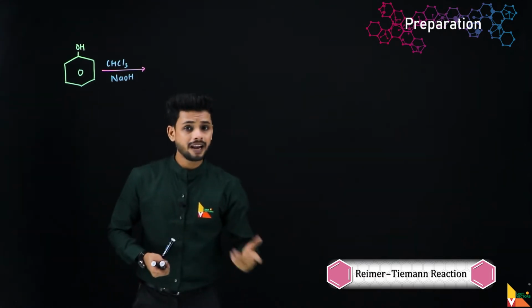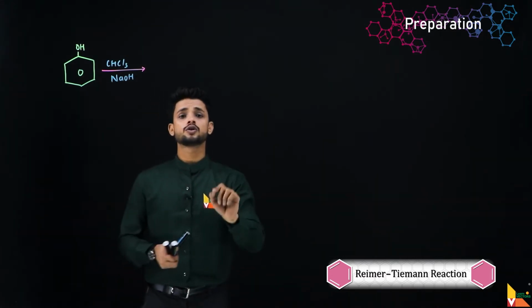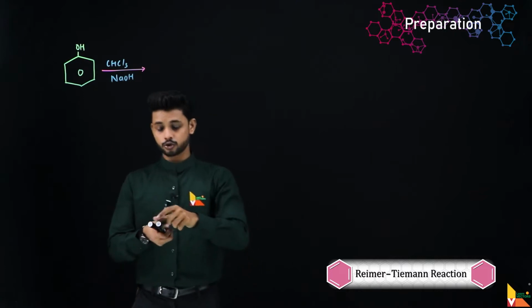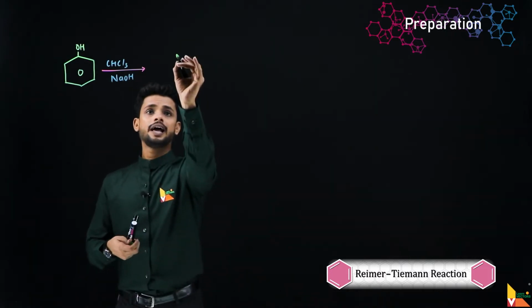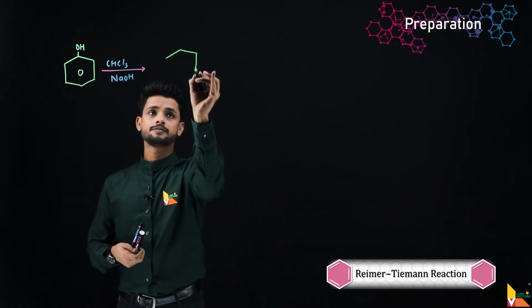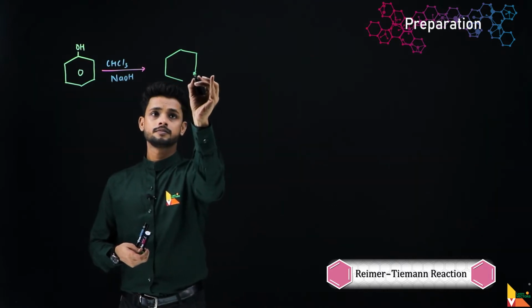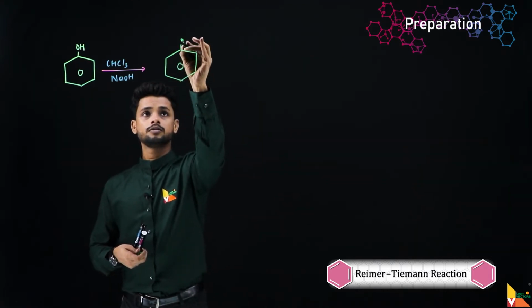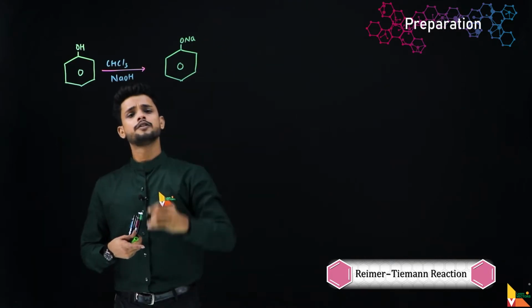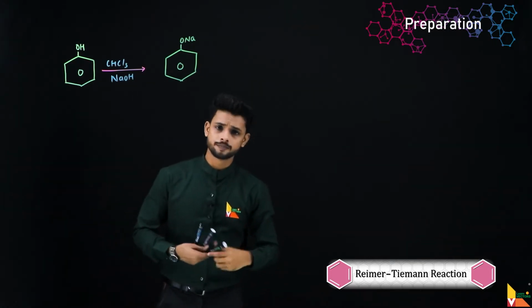Now what will happen? As you know, phenol dissolves in base. So basically what we'll have here is simply the phenoxide salt of sodium, ONa.